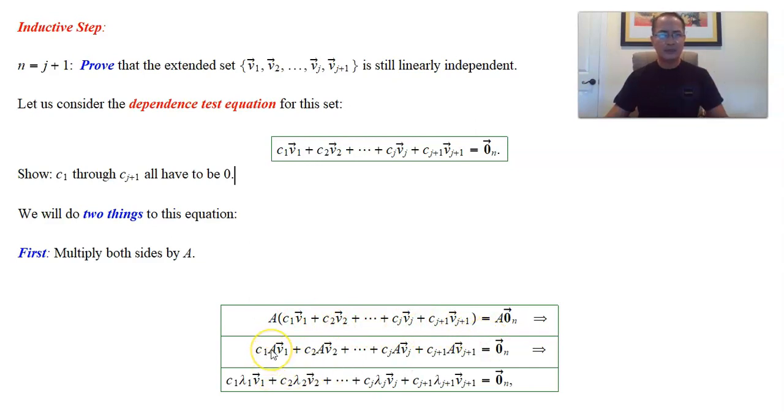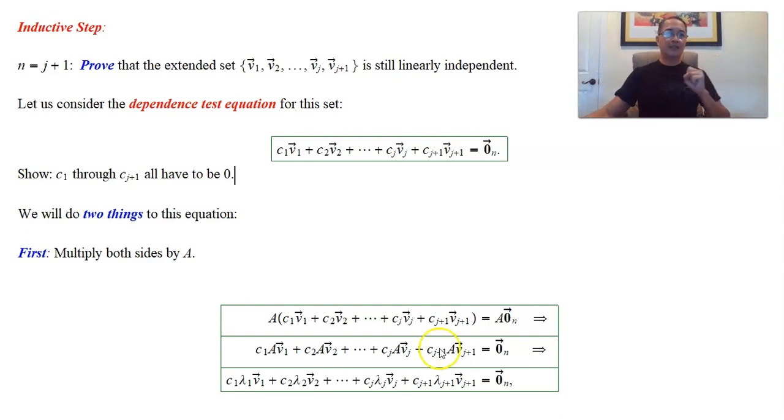Strictly speaking, that should be A times c1 v1. But we have the homogeneity property, so we can take the c1 out and have c1 times A v1, and similarly c2 times A v2, and so on. So you get the coefficients in front where they belong.